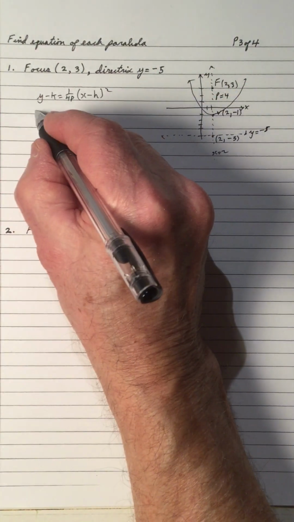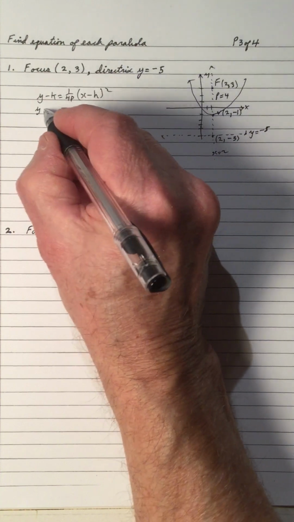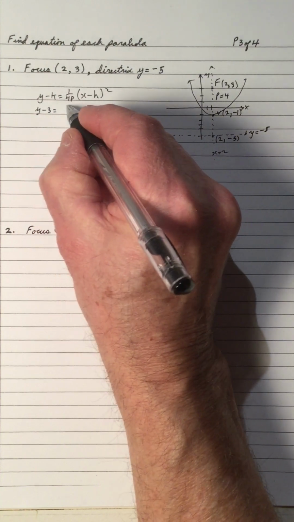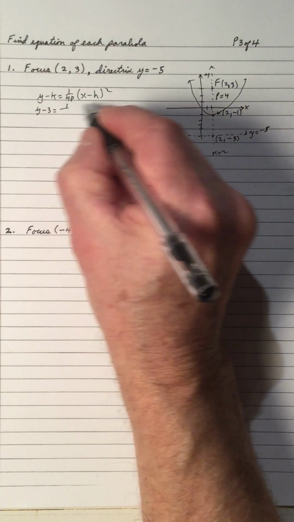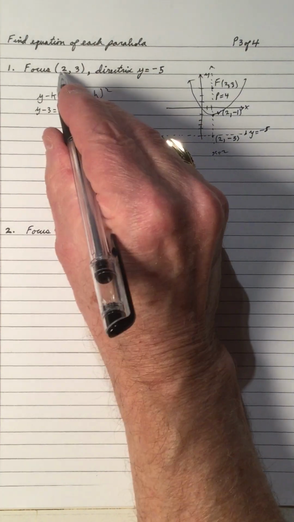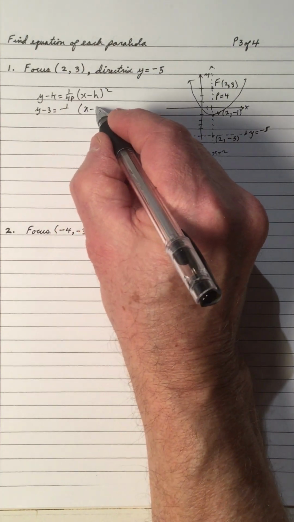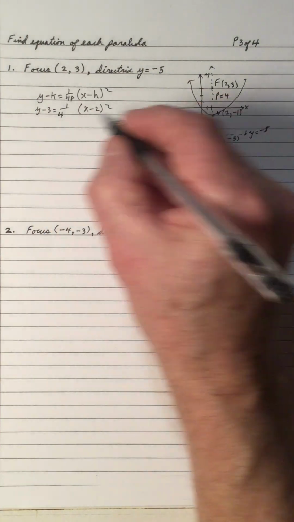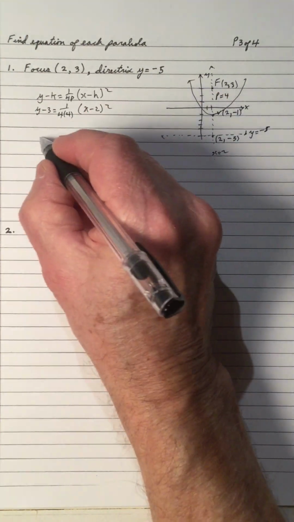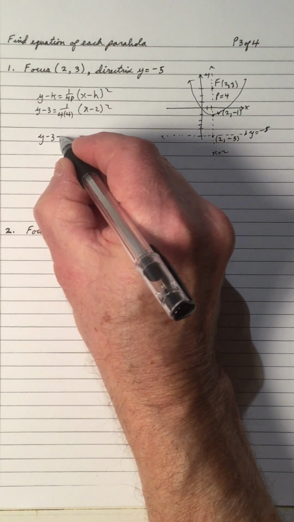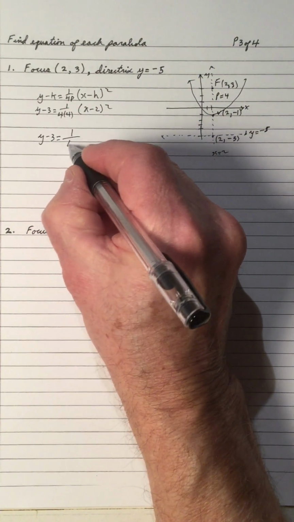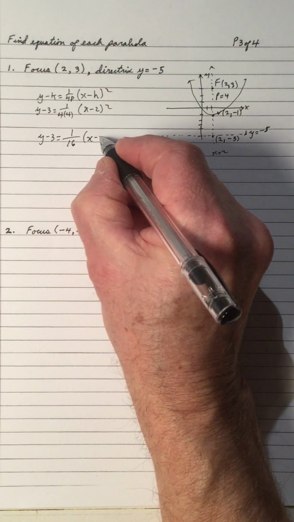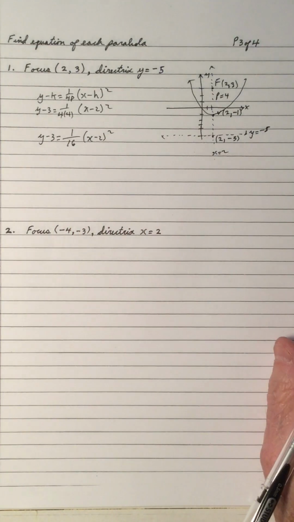So the vertex is 3, so that's y minus 3. And let's deal with this one. 2 is here, so this is x minus 2. And p, we said p was 4. So we got y minus 3 equals 1 over 16 times x minus 2 squared.